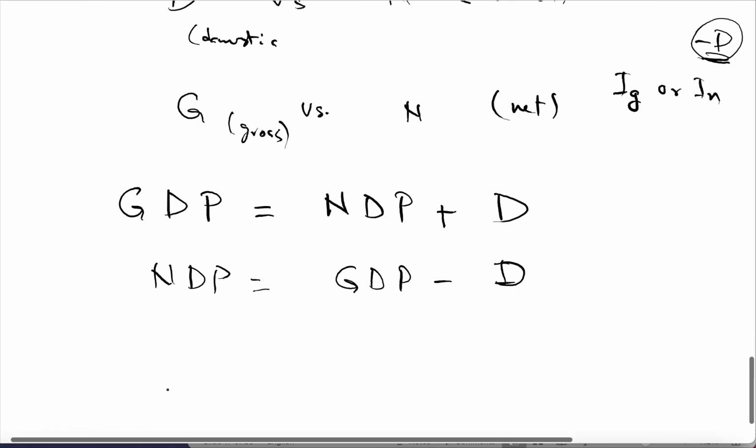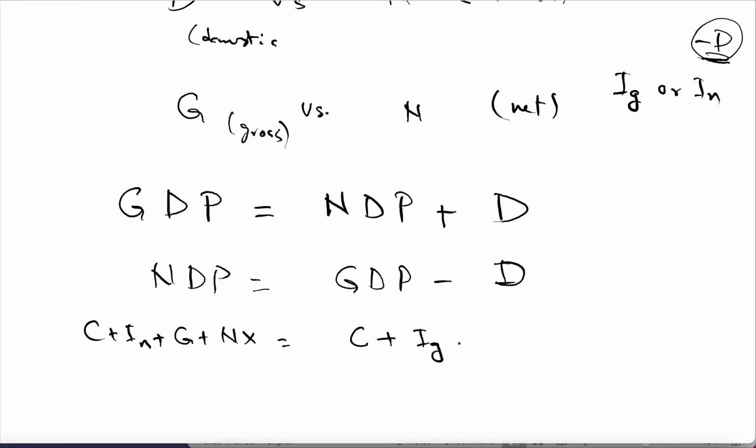So that's simple to know, because I already told you that this is C plus I net plus G plus net export, and this one is C plus IG plus G plus net export, and the minus the D. So this is offsetting this, this is offsetting this, this is offsetting this.